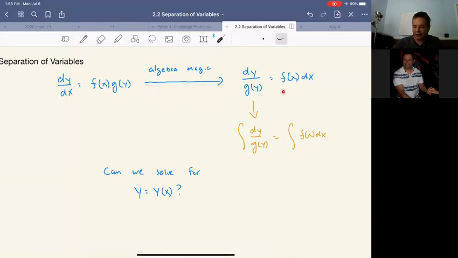This integration could be challenging, so you've got to brush up on your Calc 2 skills with integrals. And then we ask, can we solve this? That last step is basically college algebra level stuff.